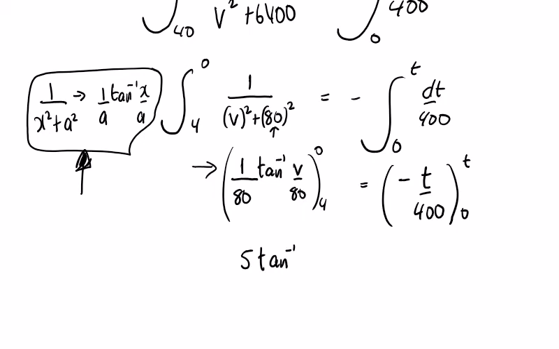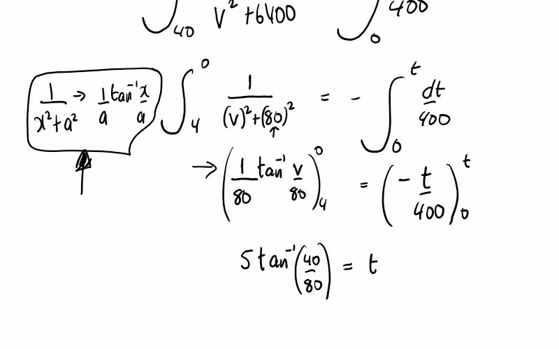Well, maybe I should put my, well, I can do this in one step. I can't do this in one step. So I'm going to have 5 by the inverse tan of, this is the tan of 0, so I don't need the 0 part. So it's going to be 5 by the inverse tan of 40 over 80, which is 1 over 2, will be equal to my t.